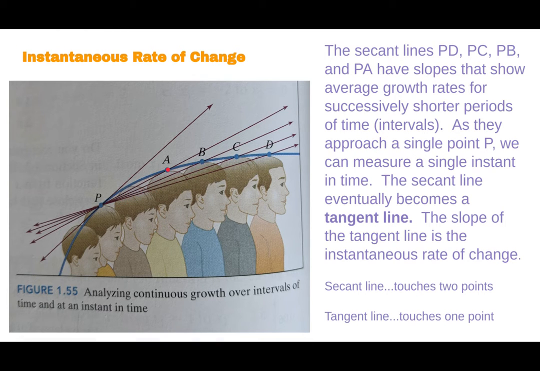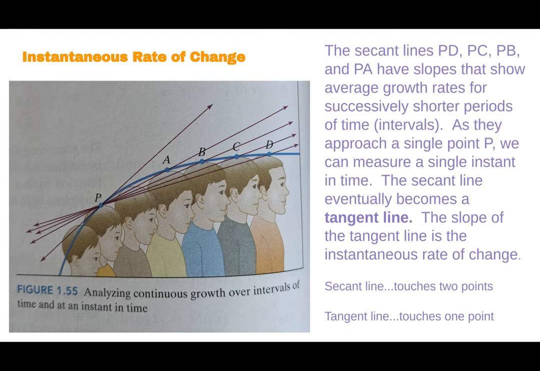And not only are those intervals closing and getting smaller, but you'll notice also that all of them are moving closer and closer to point P. So if we desired, we could continue to make points along our curve and continue to make smaller and smaller intervals and get closer and closer to point P. So as it says in the slide, as they approach a single point P, we can measure a single instant in time.